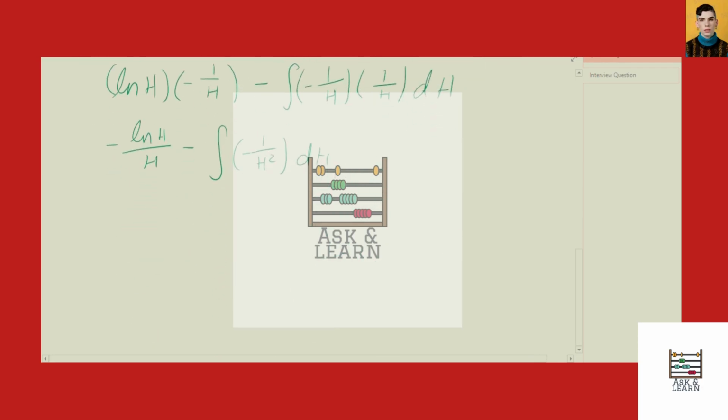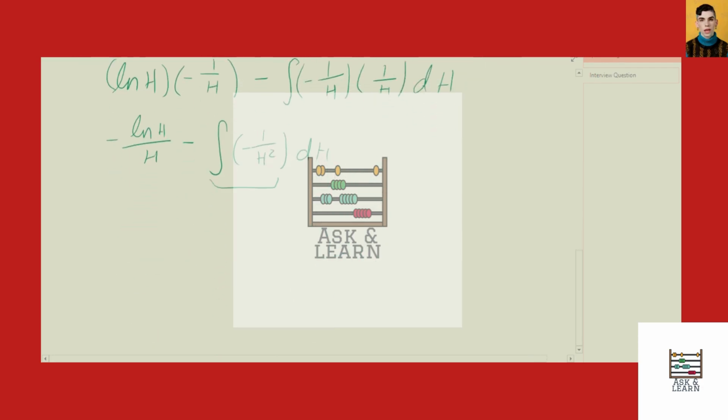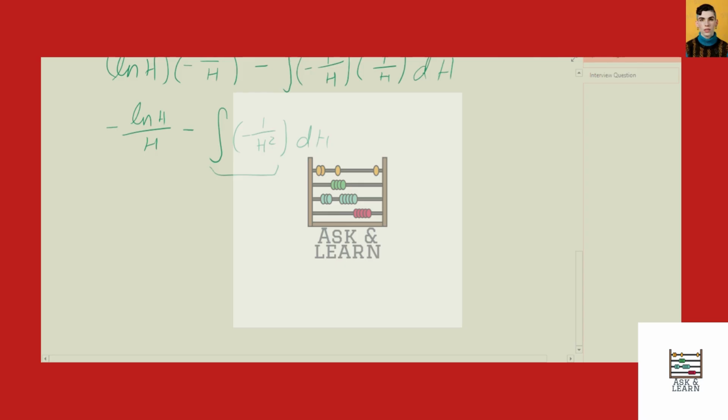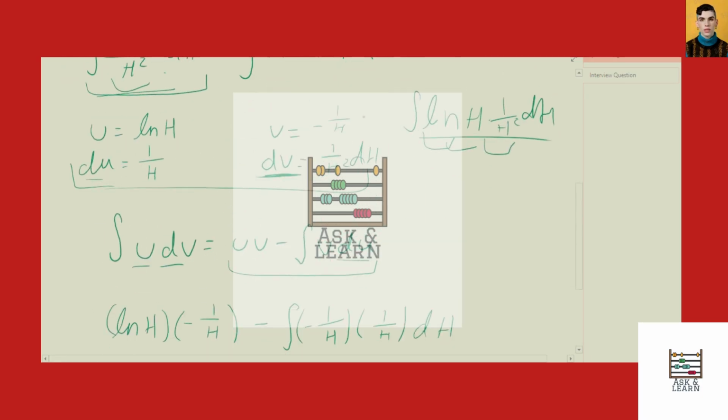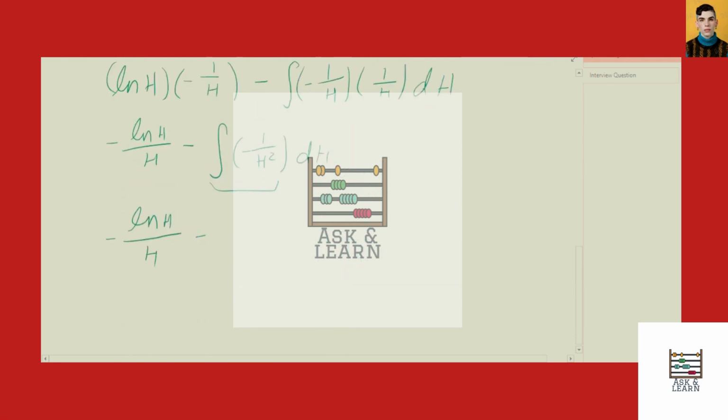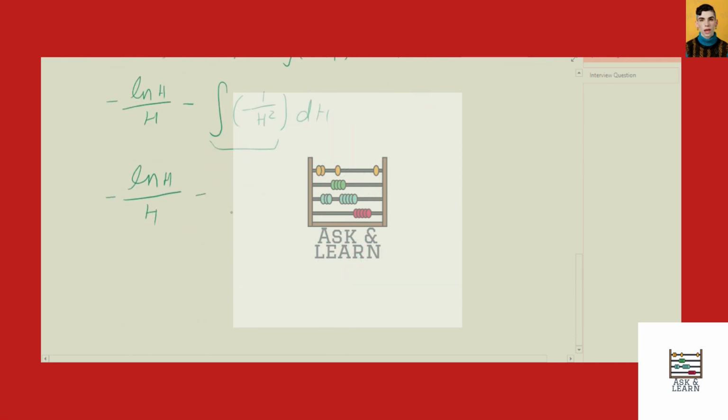Alrighty. So now we have this, and now we're going to have to solve this here. This one isn't really too hard. I'll go over this one since I really didn't explain too much about how I got this here. So I will rewrite this as negative h to the negative 2, since 1 over h is equal to h to the negative 1.